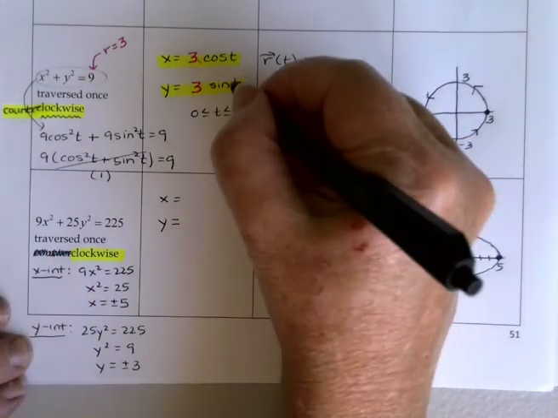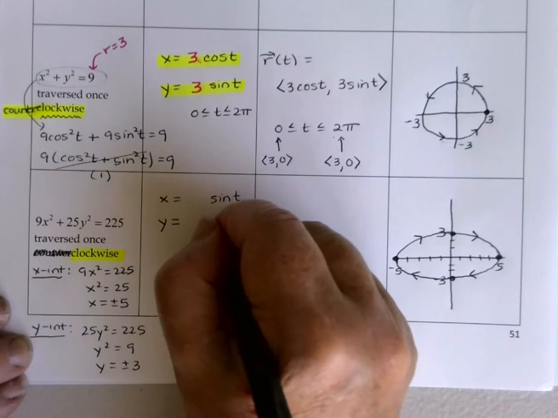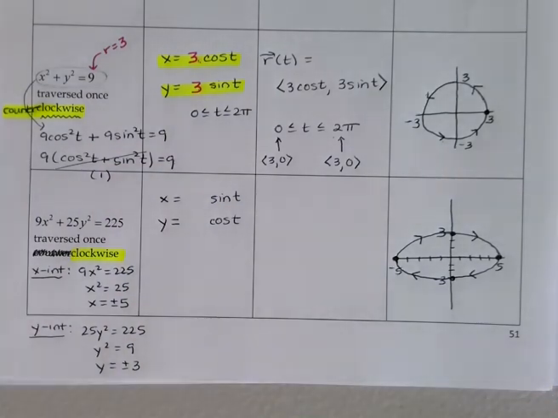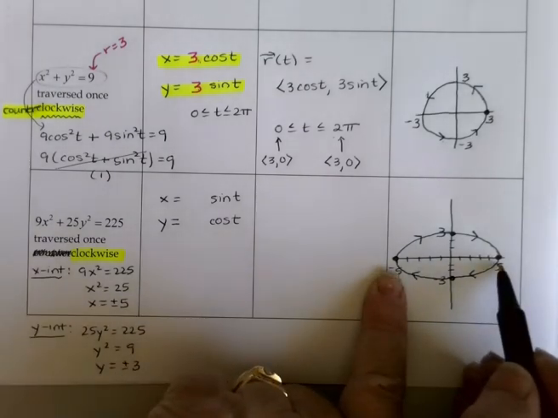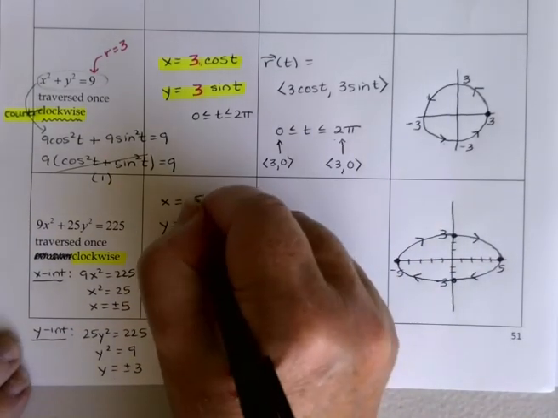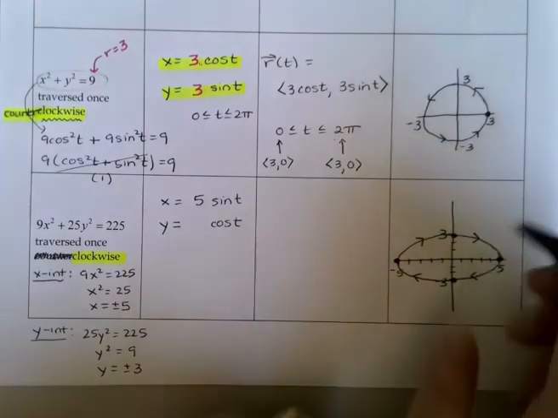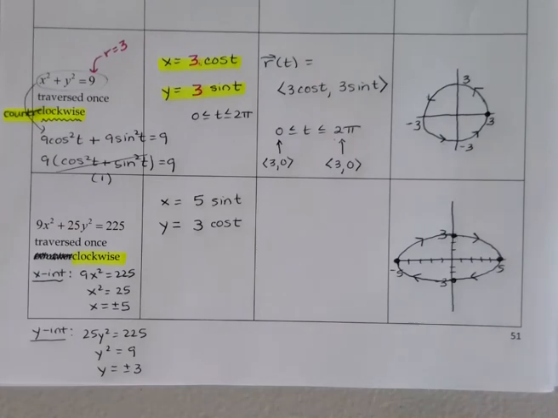So this time x is going to be the sine, and y is going to be the cosine. In the x direction, we want to stretch from plus to minus 5, so I'll put a multiplier of 5 there. And in the y direction, we want to stretch between plus and minus 3. So I'll put a 3 there.